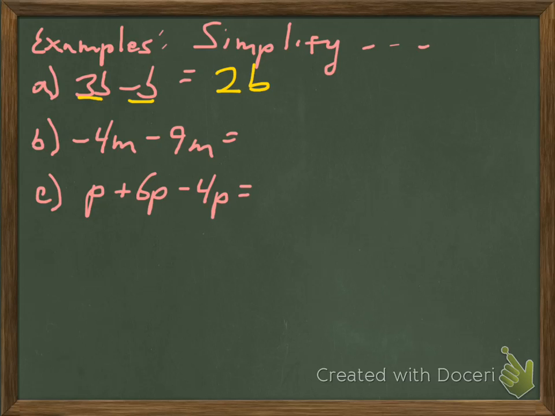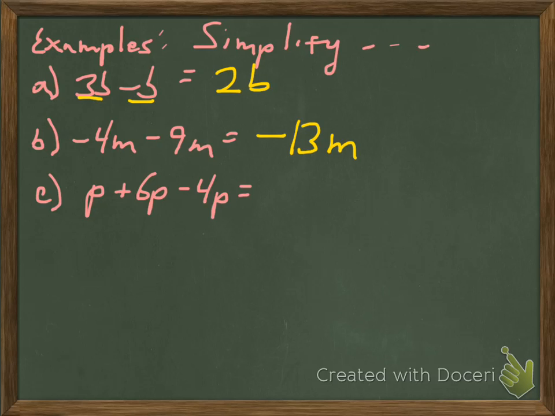Now, for the second one, if I owe somebody 4 m's, let's say m is something like a Mars bar or Milky Way. If I owe you 4 Milky Ways, and then, for whatever reason, maybe you do a job for me, and I agree to pay you 9 Milky Ways, well, negative 4 is what I already owed you, and then another negative 9 is a total of negative 13 m's, or Milky Ways, or whatever they stand for.